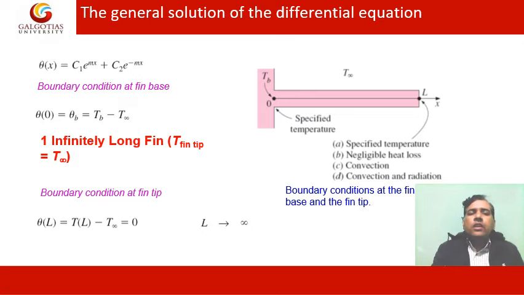The general solution of this differential equation, the equation that we derived previously, is in this format: theta of x equals c1 e to the power mx plus c2 e to the power minus mx.